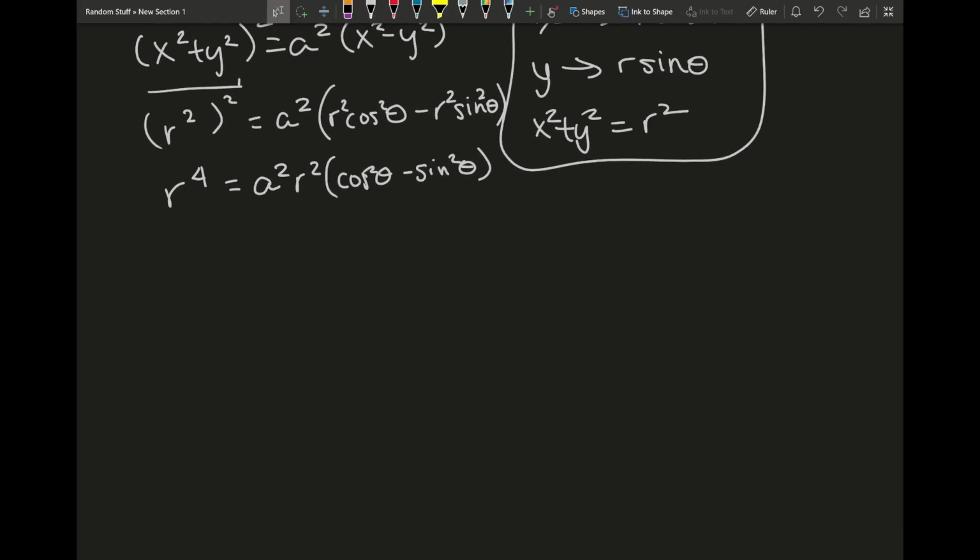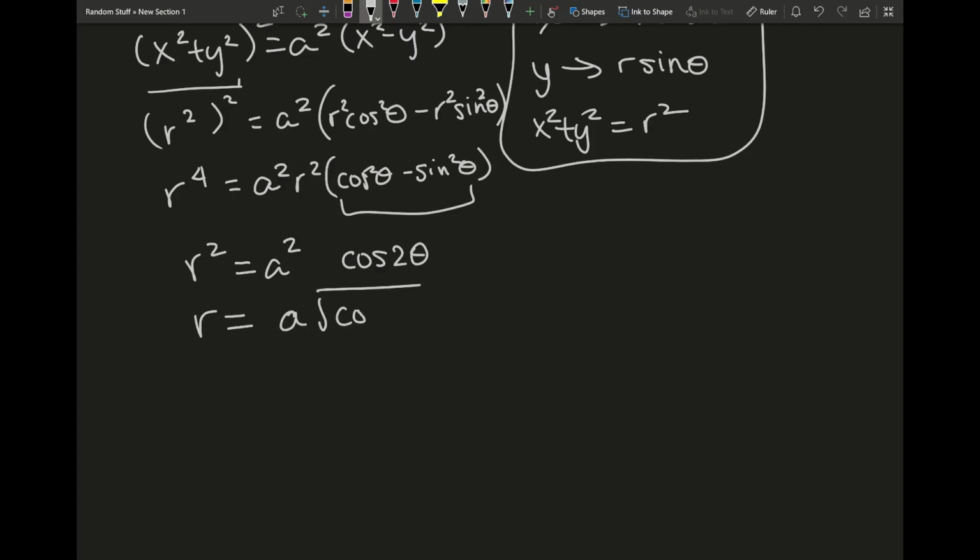Actually, before taking the square root, this is equal to cosine of 2 theta. So you can write it as a squared r squared cosine of 2 theta. Now divide the r squared to the other side, so this is gone, equals r squared, and r is equal to a times square root of cosine 2 theta. So this is the lemniscate in polar coordinate form.